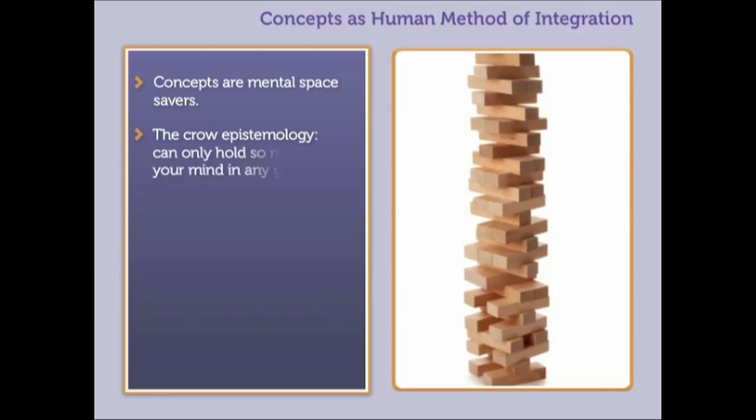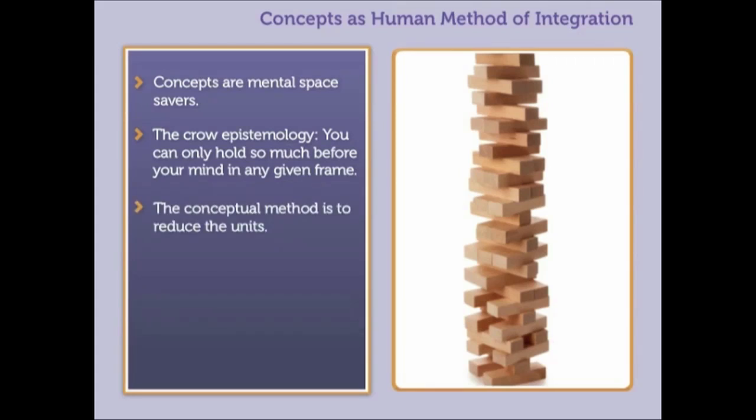You can only hold so much before your mind in any given frame. If I give you too much, you simply break down. So the essence of the human method of knowing the whole universe, the conceptual method, is to economize the units, reduce the number of units, enable us to hold a vast amount of information in just a few mental symbols. That's the essence of what conceptualization is.